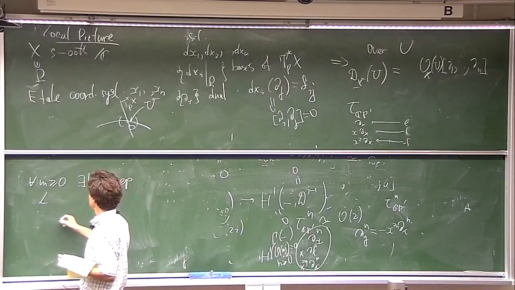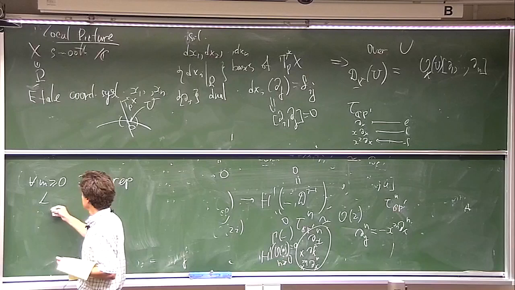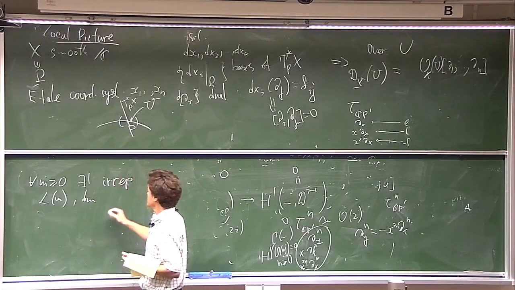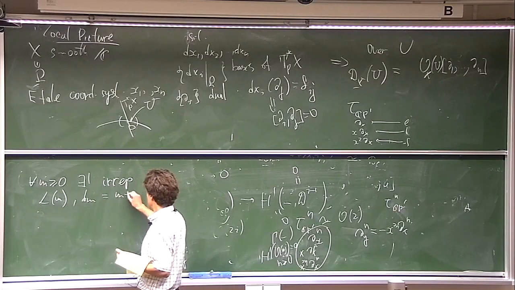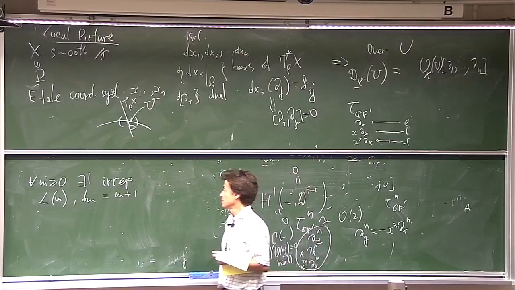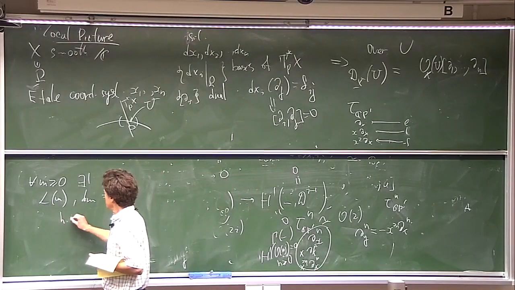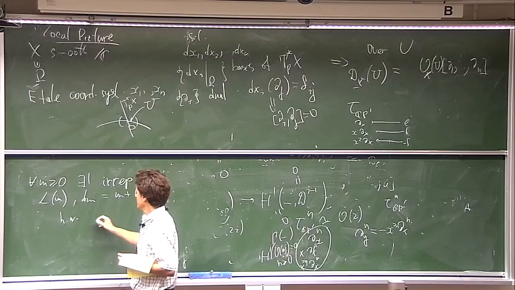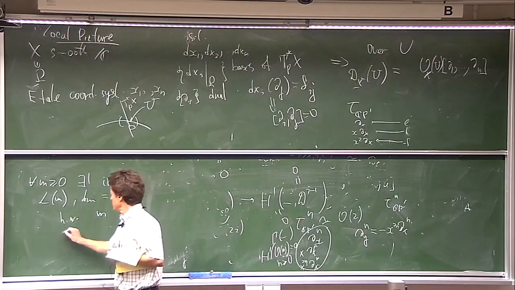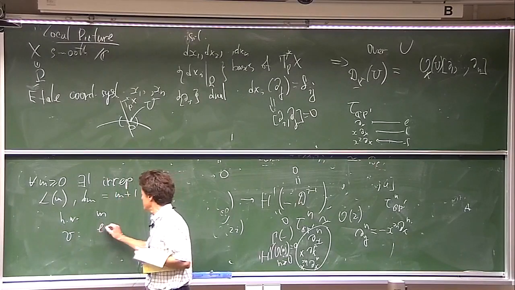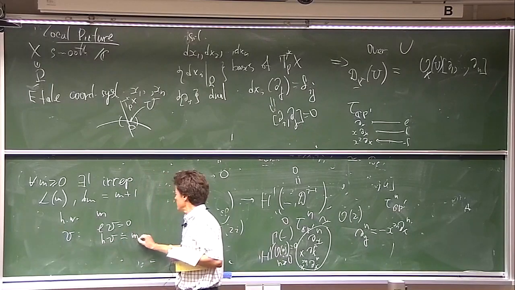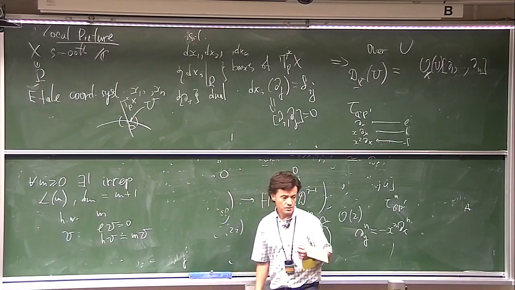I'll call it L of M, of dimension M plus 1 and of highest weight M. Highest weight means an element V such that EV is 0, HV is M times V.